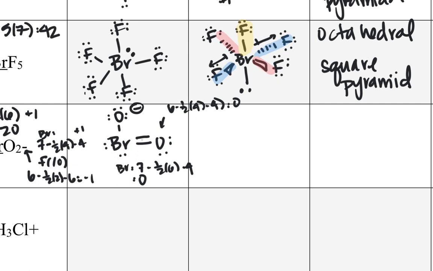For here, from the bromine, if we want to draw our VSEPR structure, we know that there are 4 things. Even though one of them is a double bond, we're going to have our bromine.